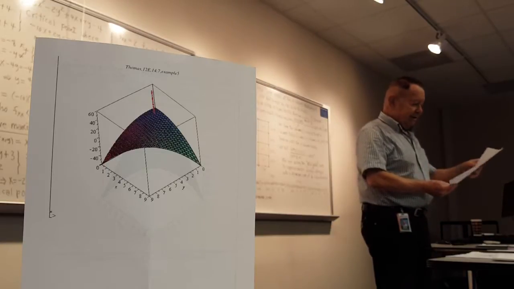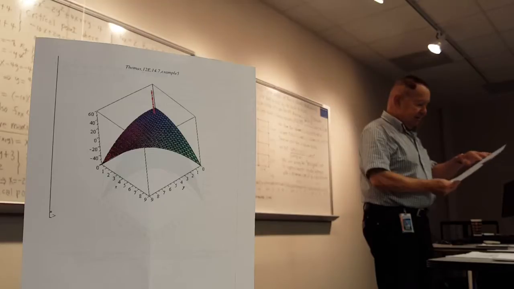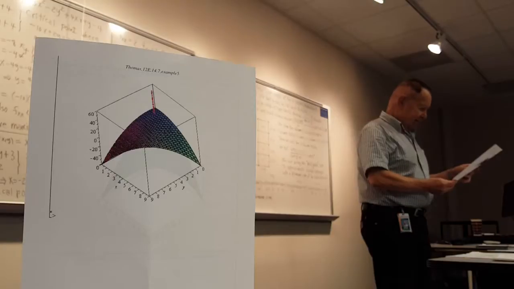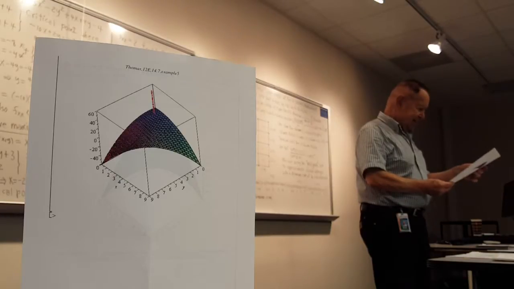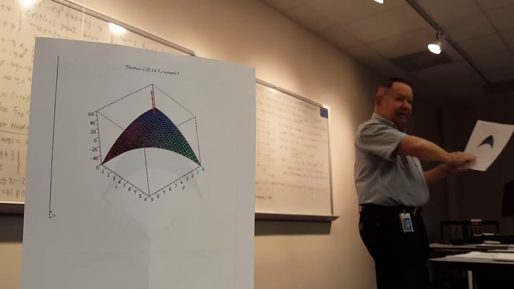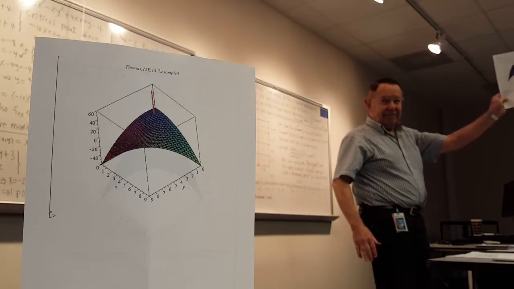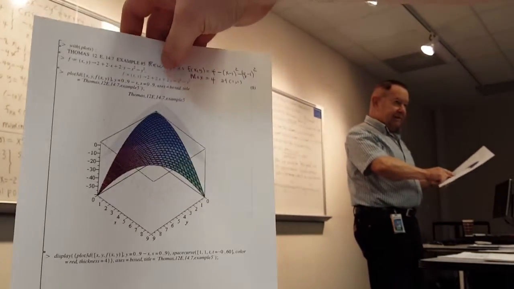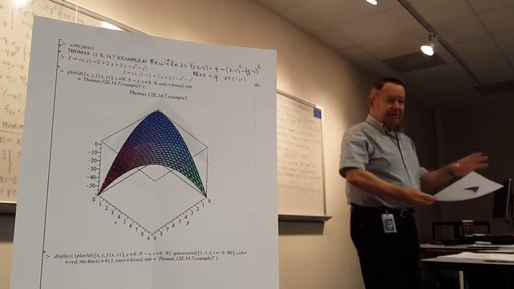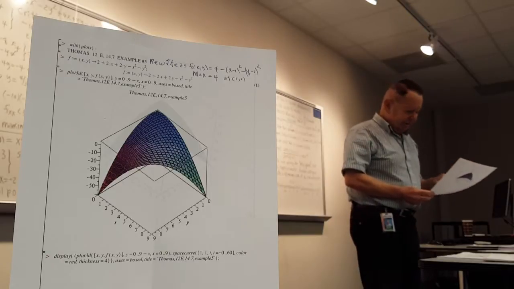The reason that the Maple graph, the box axes, have such big numbers up to plus 60 and down to about minus 50, is that when I told Maple to draw the graph, if you go back to the first side of the paper, you see I have display. You do display when you have more than one plot structure that you're trying to put together.